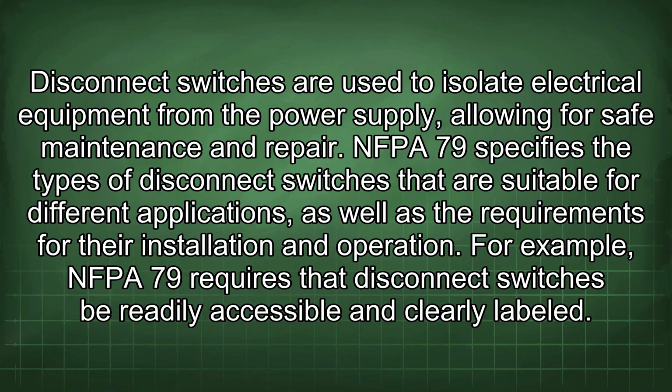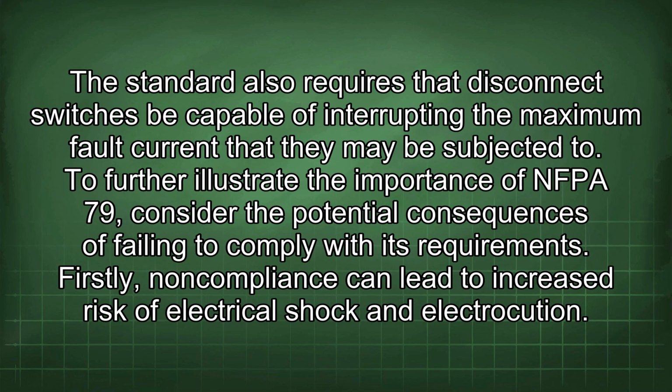For example, NFPA 79 requires that disconnect switches be readily accessible and clearly labeled. The standard also requires that disconnect switches be capable of interrupting the maximum fault current that they may be subjected to.